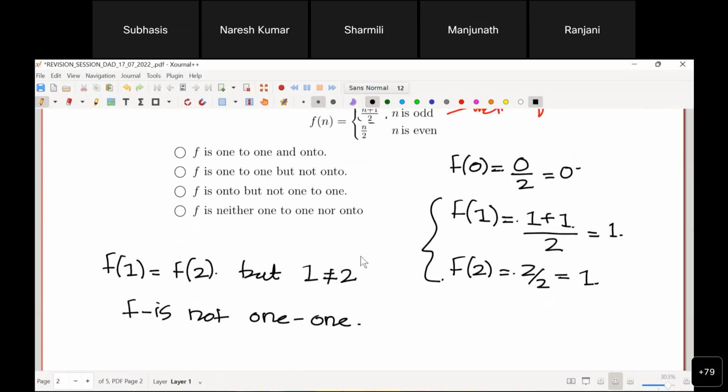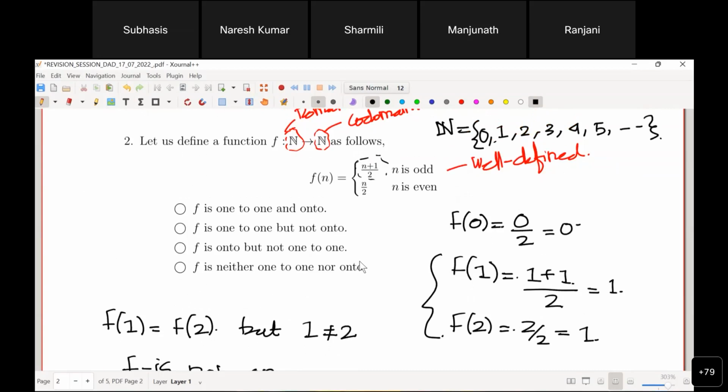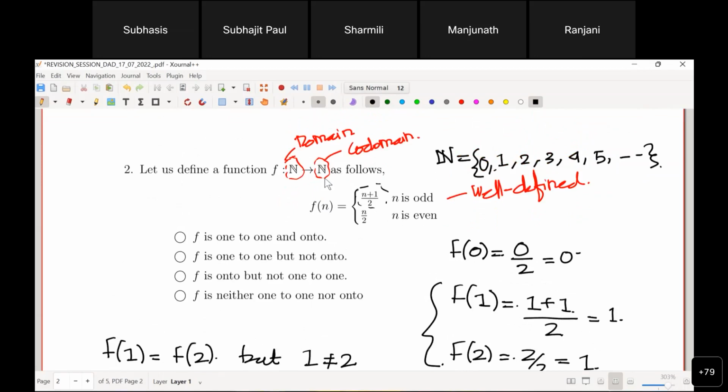For ontoness, what do we need to check? For onto, we have to check if the range is equal to the codomain.